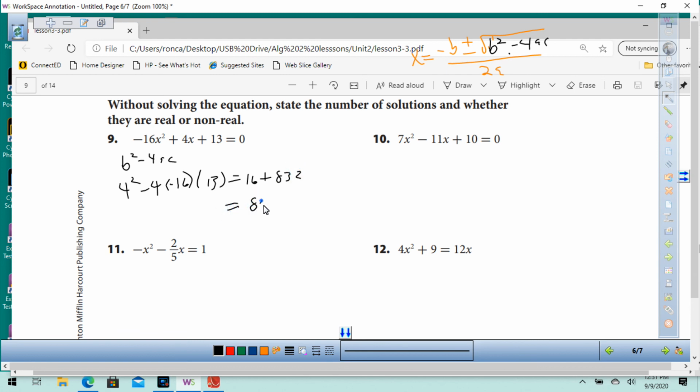Okay, and since this is positive, we're going to get 2 real solutions. Remember this is the quadratic formula.